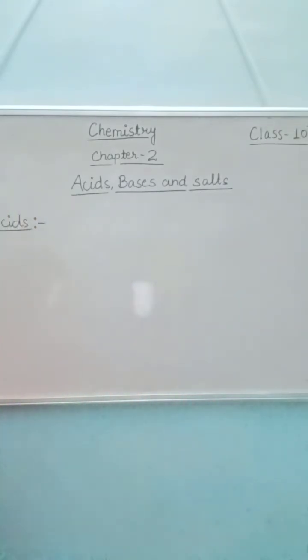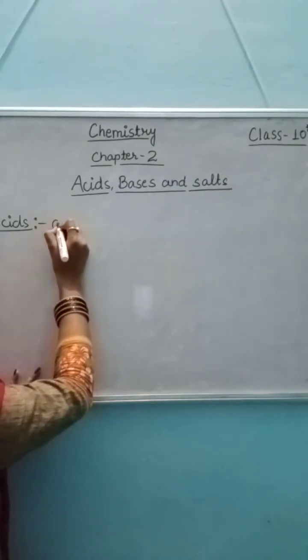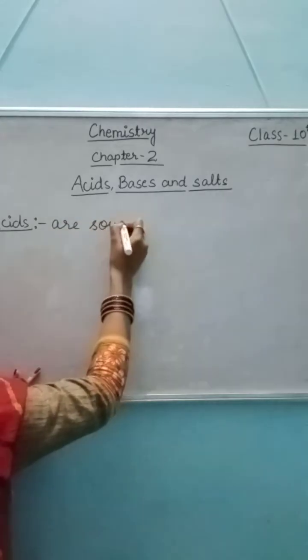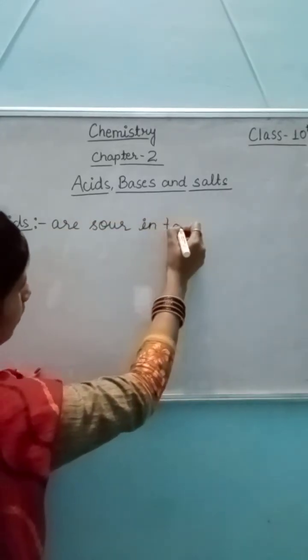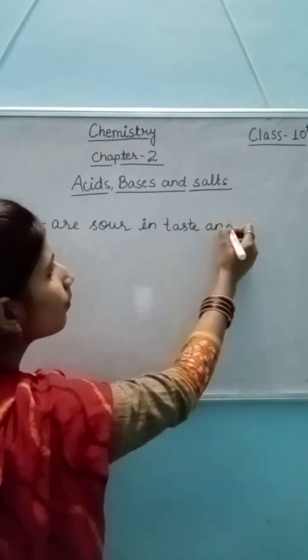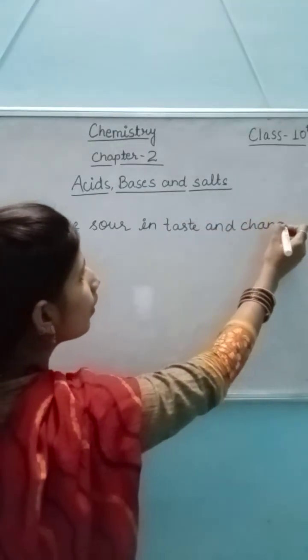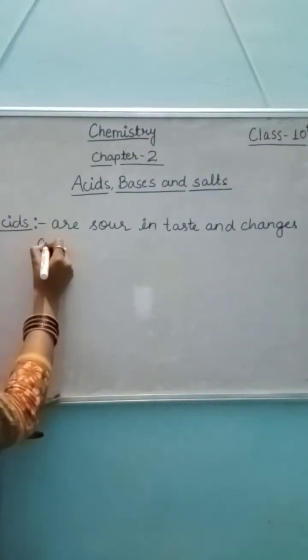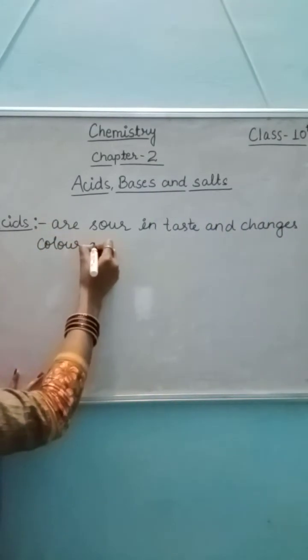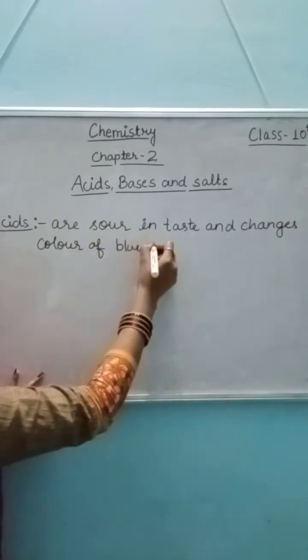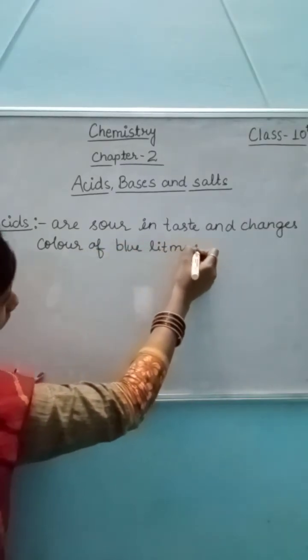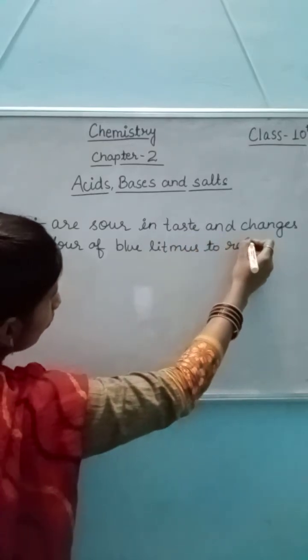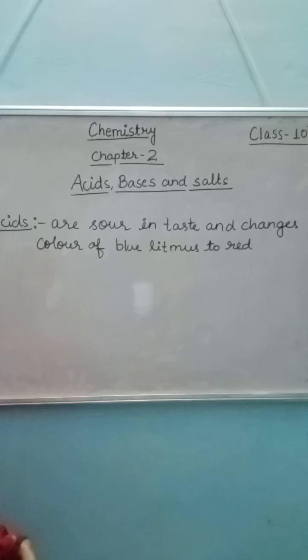Acids are sour in taste and change the color of blue litmus to red. So what are acids? Acids are sour in taste and change the color of blue litmus to red.